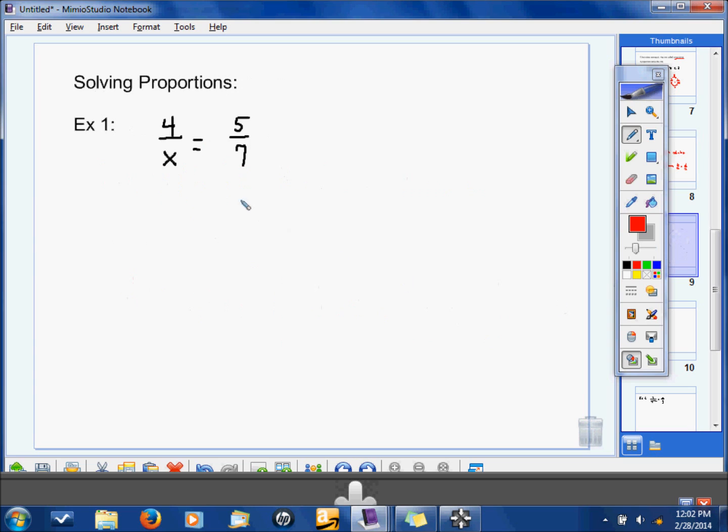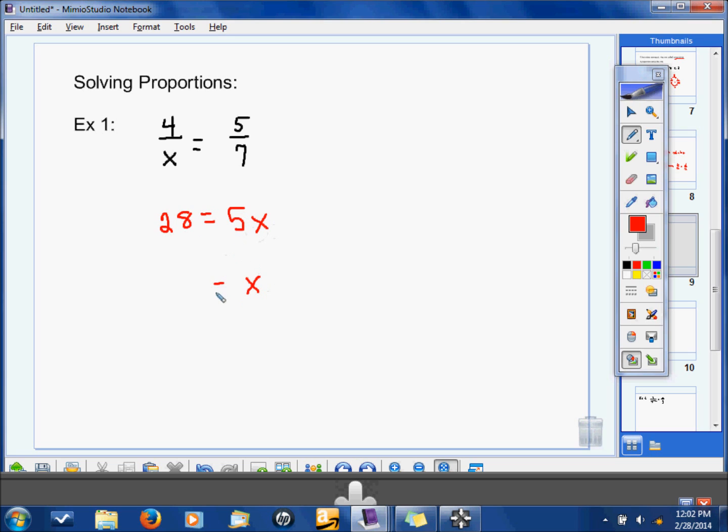Alright, so solving using proportions. This one's not as obvious as far as finding something you can multiply times 1. So this is where the cross products come in. So 4 times 7 cross this way, 28 equals 5x. Divide both sides by 5.